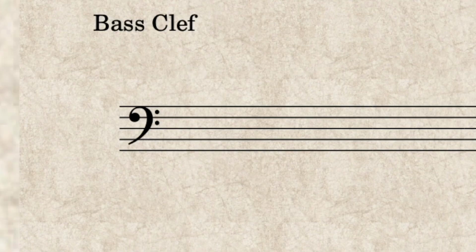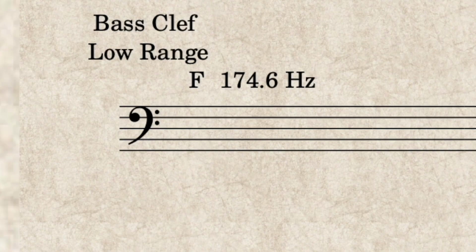A bass clef is used for the low range, and it indicates that the note F, tuned at 174.6 Hz in concert pitch, which is below the middle C, is placed on the 4th line from the bottom of the staff.